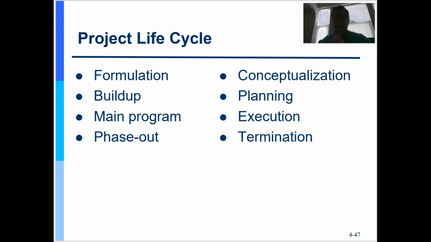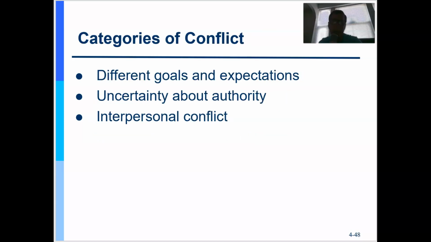And so we want to consider Tuckman's concept of forming, storming, norming, performing, and adjourning in the context of the project life cycle, because just because you got through forming, storming, and norming in one phase, you may have to go through it again in follow-on phases of your life cycle. Some of the phases are listed here on this slide.